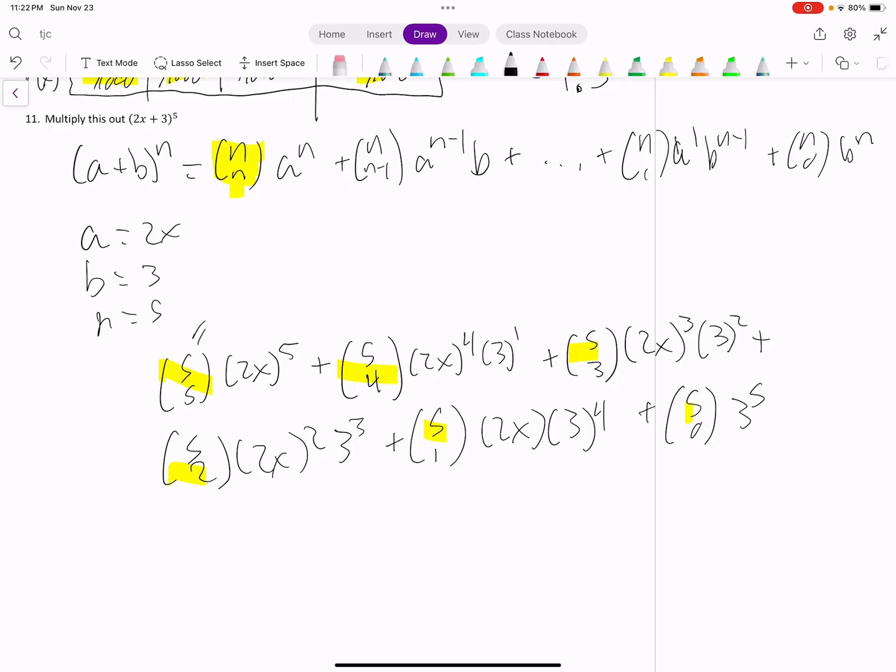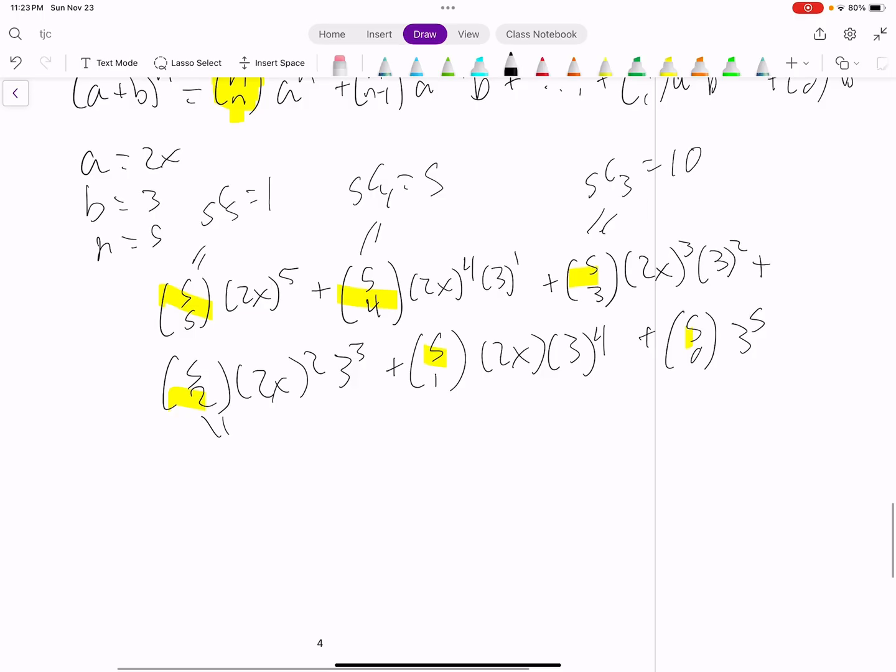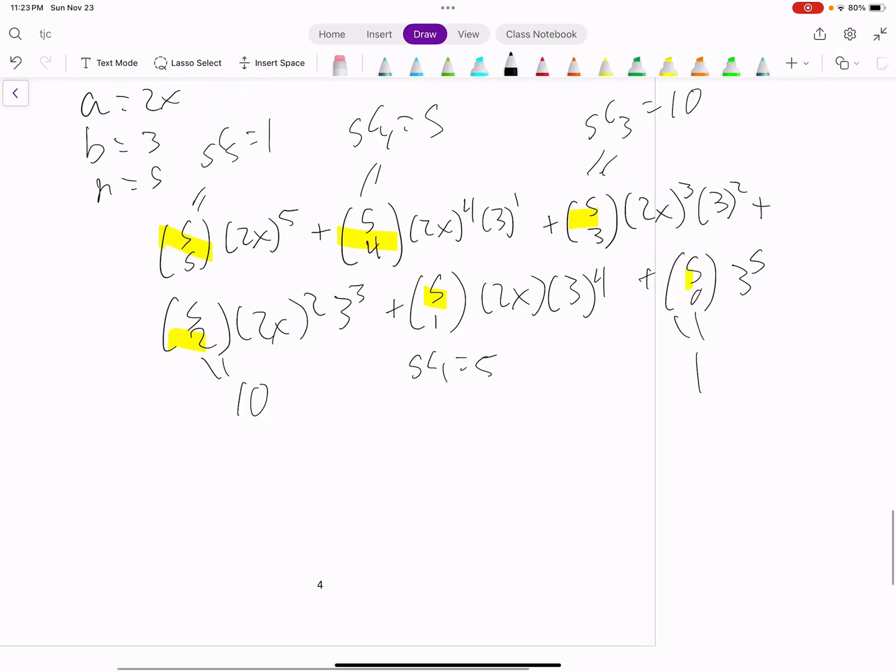This is 5C5, which equals 1. 5C4 equals 5. 5C3 equals 10. 5C2 also equals 10. 5C1 equals 5. 5C0 equals 1.